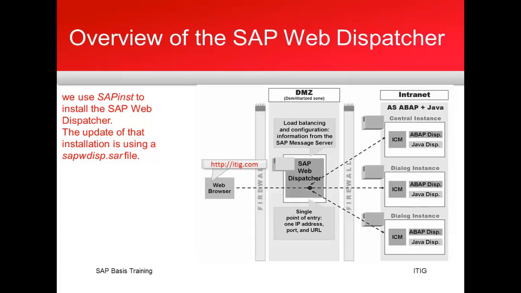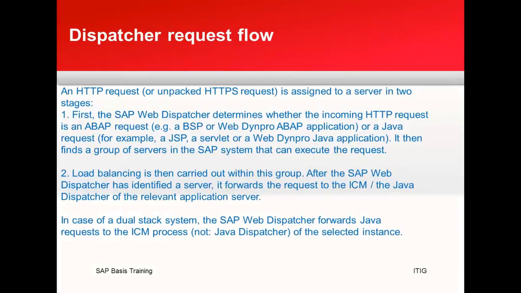So that is about the location, and from the installation perspective we can use the SAP INST tool to install the web dispatcher. Normally if you want to download it, this is the file which is used: SAPWDISP.SAR.